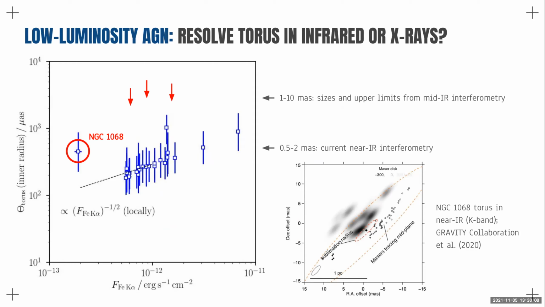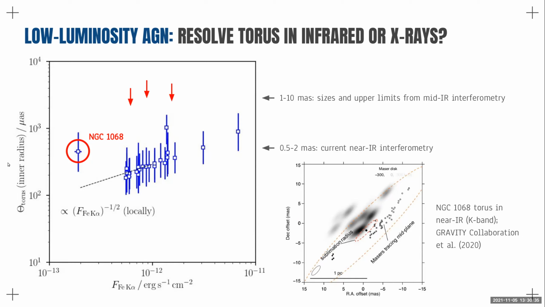They've been around for a while. The new kid on the block is near-infrared interferometry, enabled most recently by the GRAVITY instrument at VLTI, which has been able to resolve the emission from the torus on milliarcsecond scale in NGC 1068. You see their image over here, and the best shot at interpretation for what they're seeing.